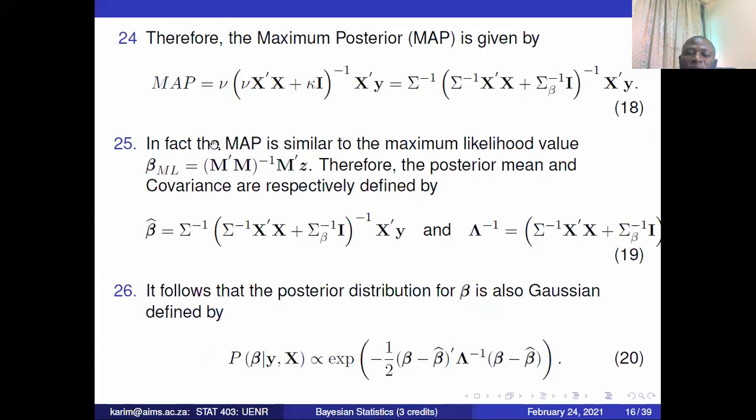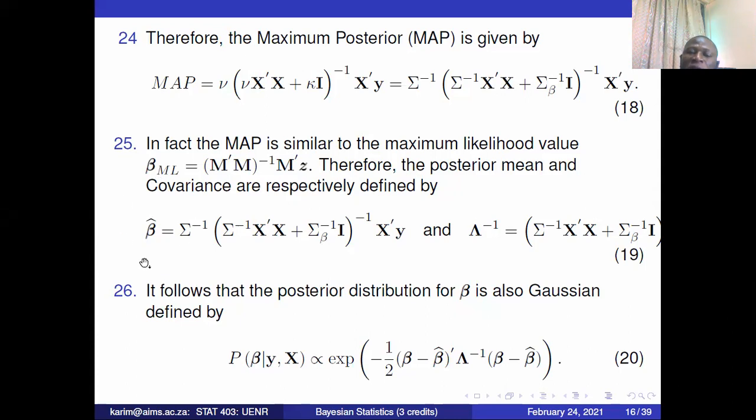That was what you know in the multiple linear regression situation. Now, we know that our maximum posterior is given by that. So the maximum posterior of the parameters, we can denote it by this, and that is just equal to this. And this is the variance covariance matrix. So our posterior estimates are defined as this.